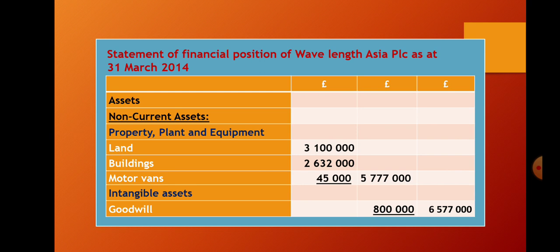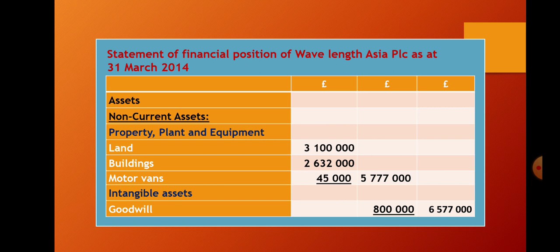Under that, in assets we have two types, as you all know, non-current assets and current assets. Okay, but under non-current assets again there would be three headings, which is property, plant and equipment, investment property and intangible assets. In this question we do not have investment property, so we are not showing it under non-current assets.